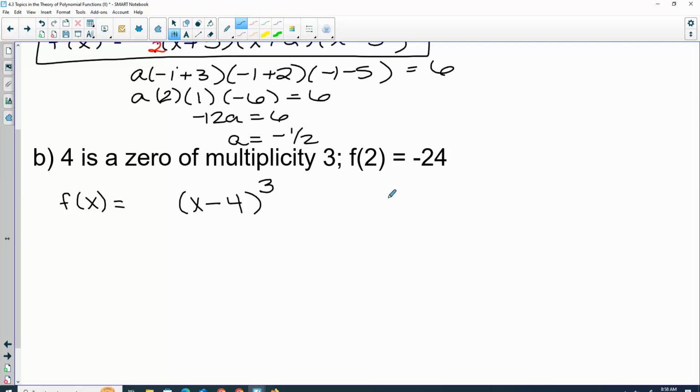And then I'm telling you f of 2 is negative 24. So we know there could be some number in front. We need to find it. So if we put in a 2 for our x, that's negative 24.